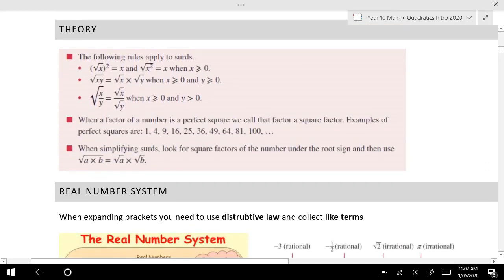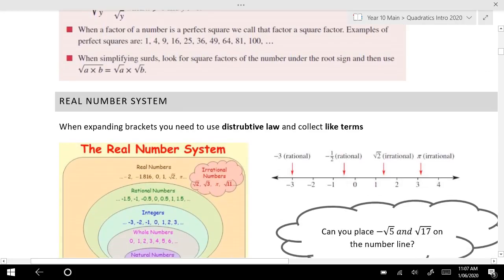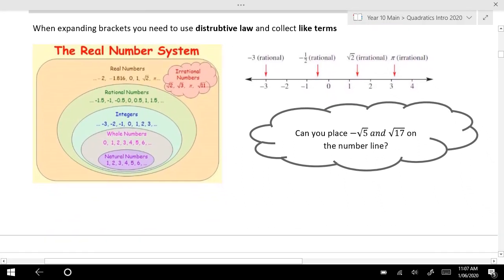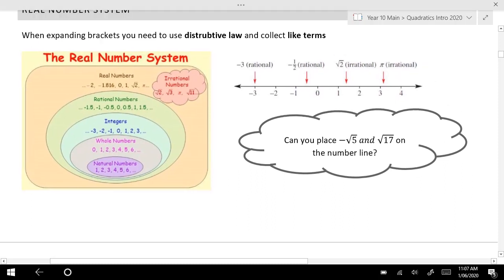So there's a little bit of theory for you, but let's get started by looking at the real number system now. Real numbers cover all of the numbers that exist. We've got all of the integers, the positive and the negative integers.